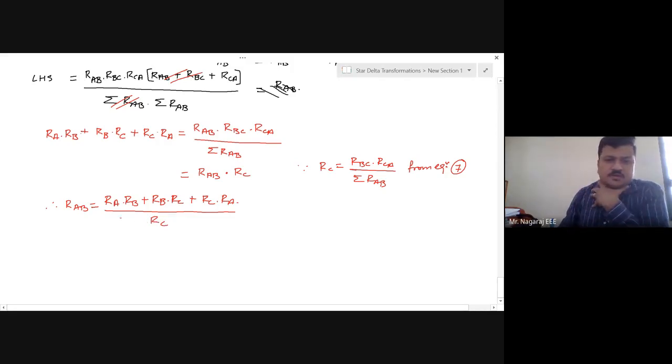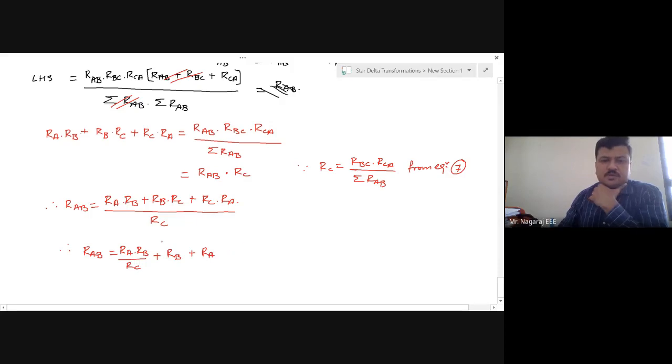So if I divide RC to each of the term, I will get RAB is equals to RA into RB divided by RC plus RB RC by RC, I will get RB, plus RC RA by RC, I will get RA.